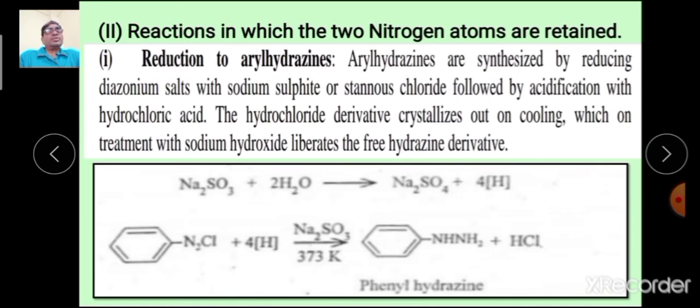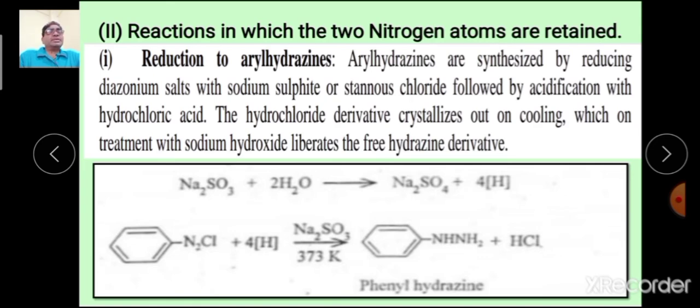Now, another variety: the reactions in which the two nitrogen atoms are retained. The first one is reduction of BDC to aryl hydrazines.